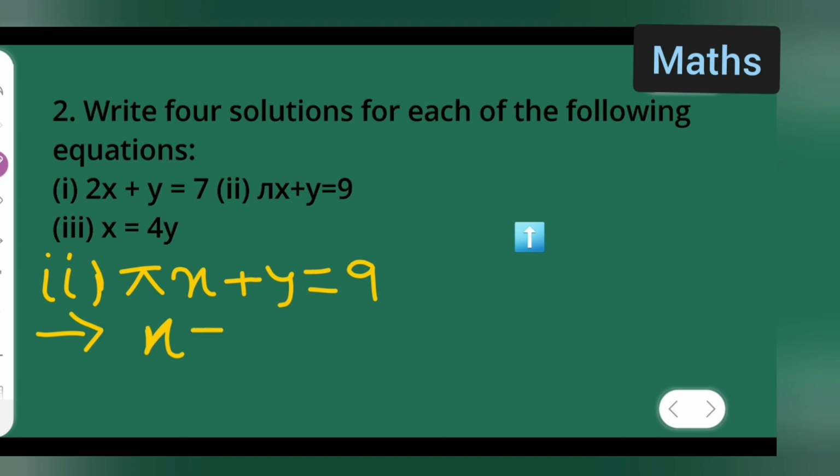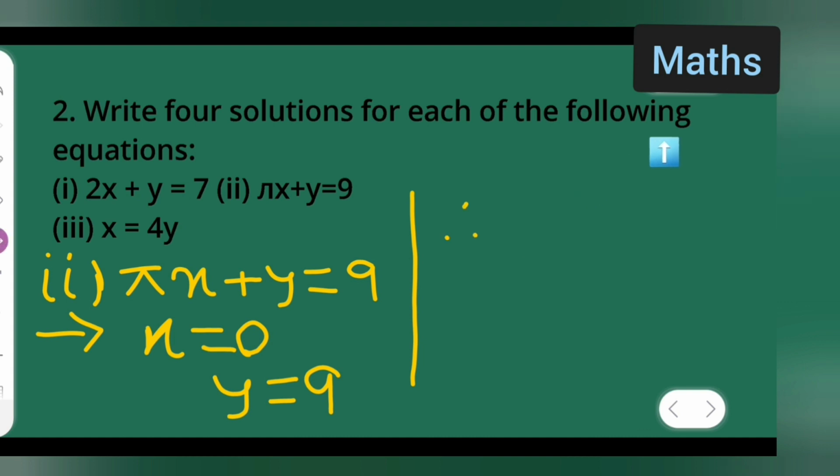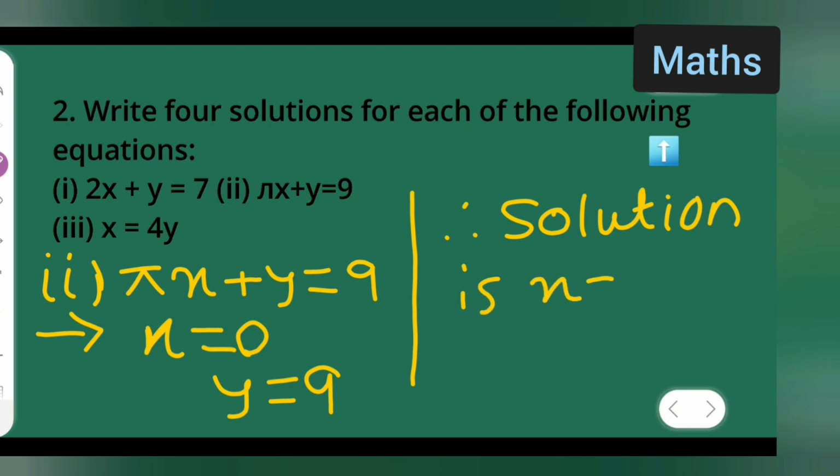If I take x to be 0, I am directly writing y is equal to 9. Therefore I can say that solution is x is equal to 0 and y is equal to 9.